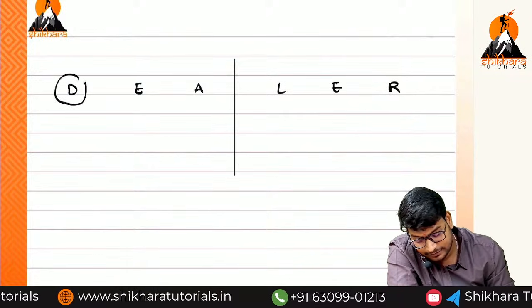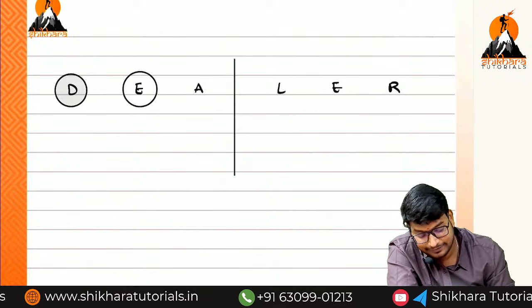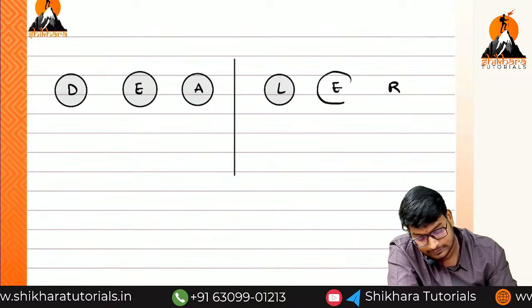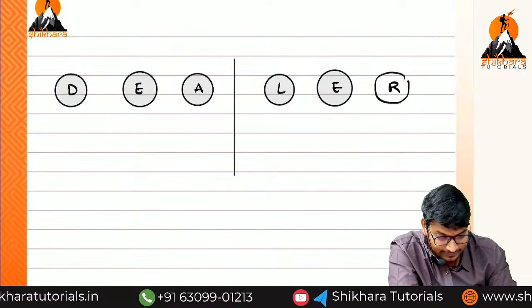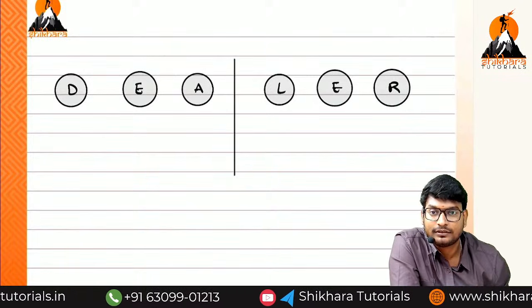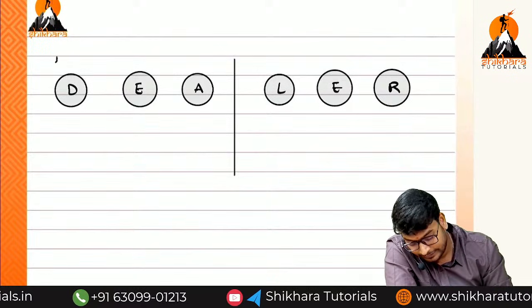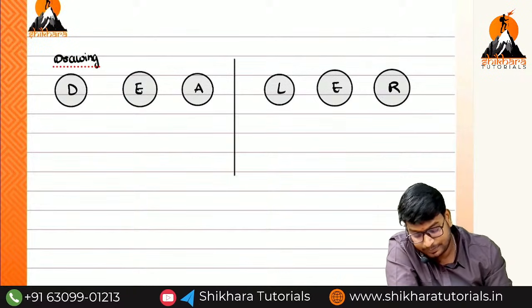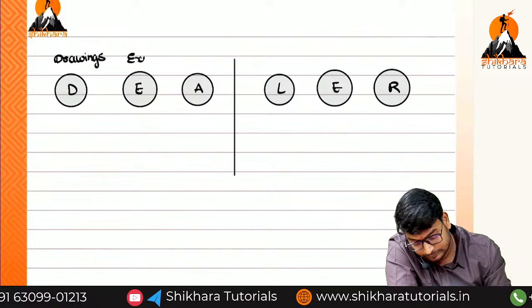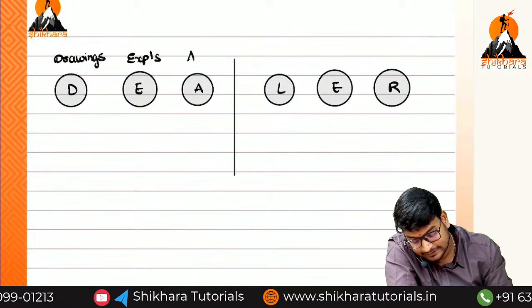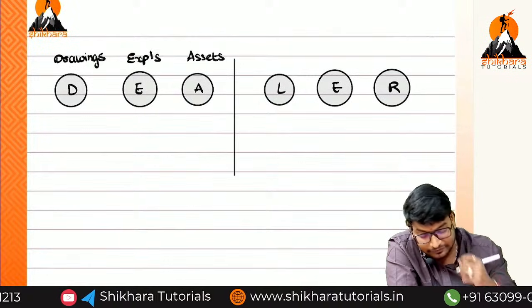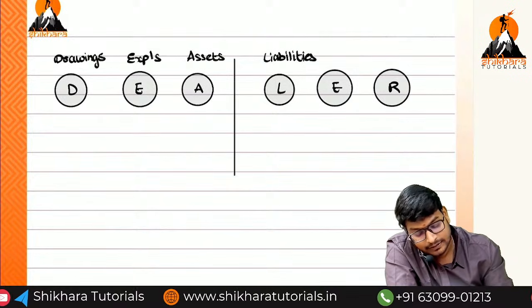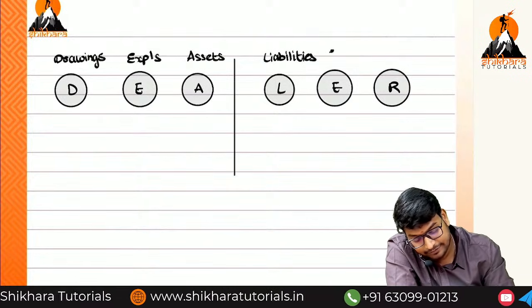So A for assets, D for drawings. E for expenses, A for assets, L for liabilities, E for equity.